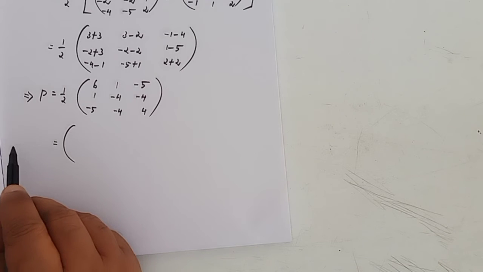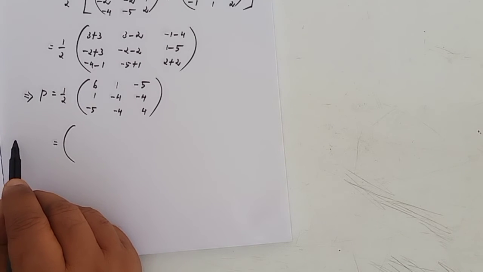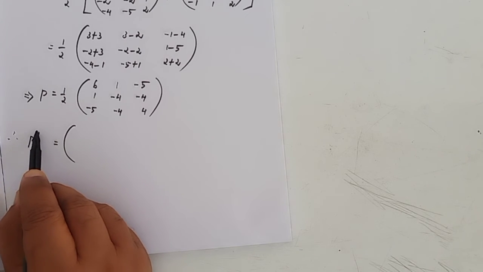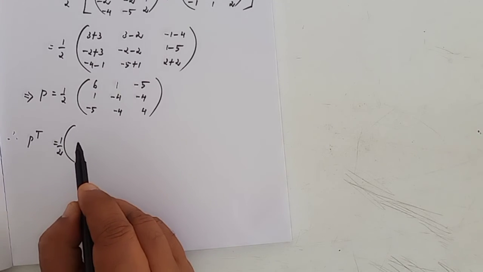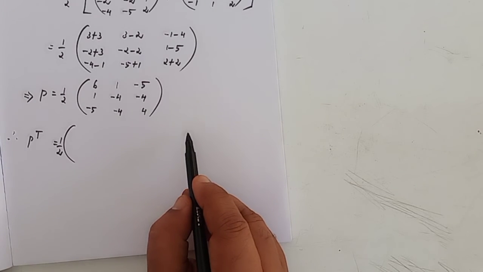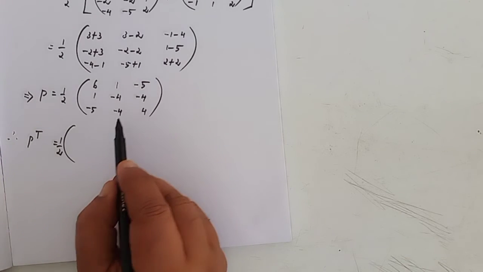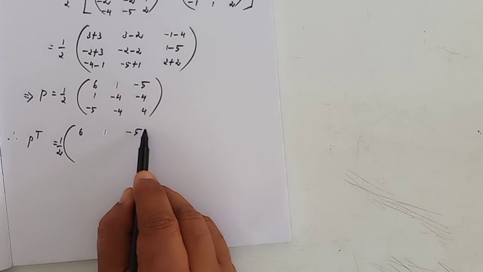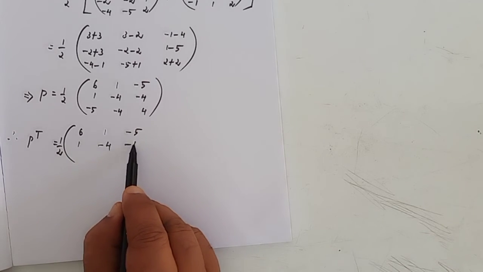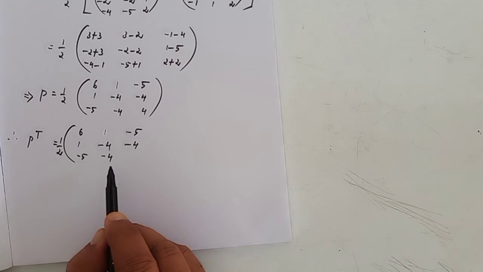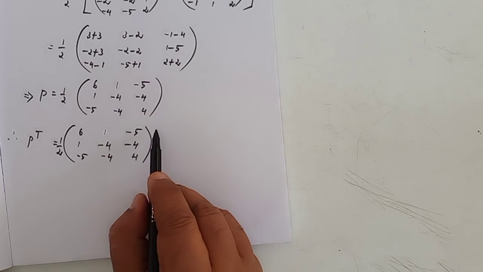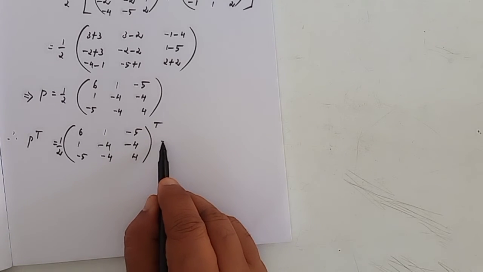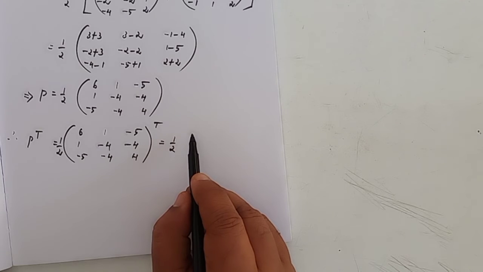Now I am going to find out P transpose. P transpose equals half as it is, and we can directly write 6, 1, minus 5, 1, minus 4, minus 4, minus 5, minus 4, 4, and its transpose.